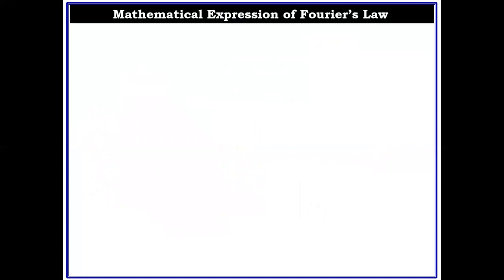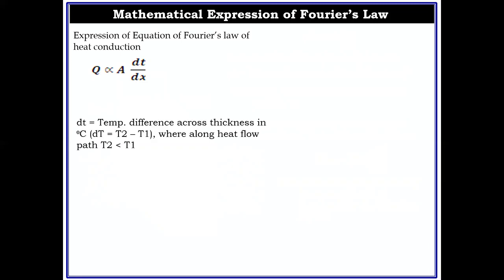Now the mathematical expression for Fourier's law. Q is directly proportional to the cross sectional area and dT by dx. This dT by dx is many times directly called the temperature gradient. So Q is directly proportional to area as well as temperature gradient.